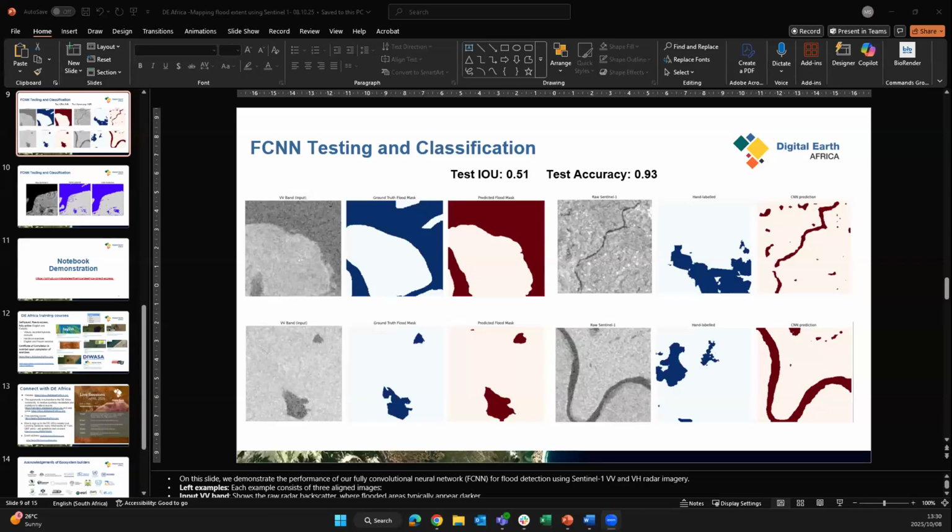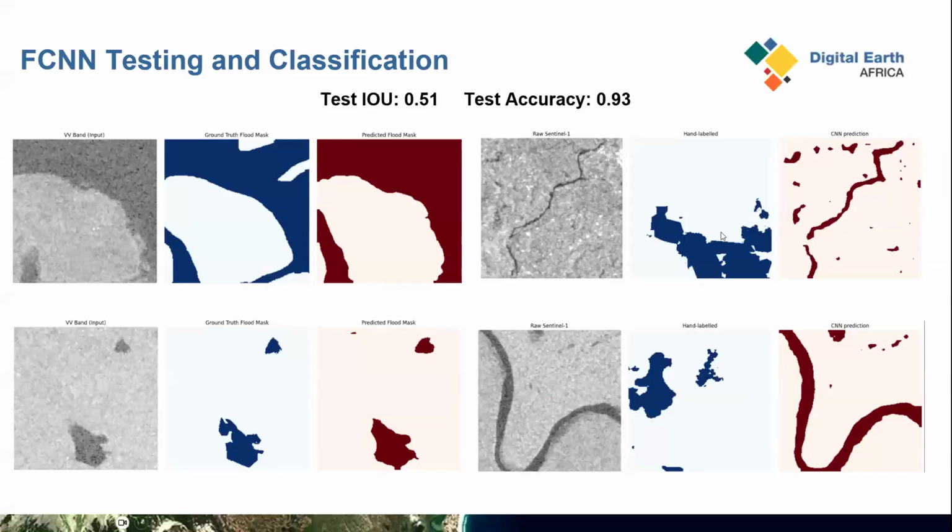And as I've also showcased with some of the figures on the screen, this accuracy is also being affected by the fact that some of the data given to us, the blue, let me share my screen again. So the blue is the hand label data that comes with the raw Sentinel imagery in the test set.